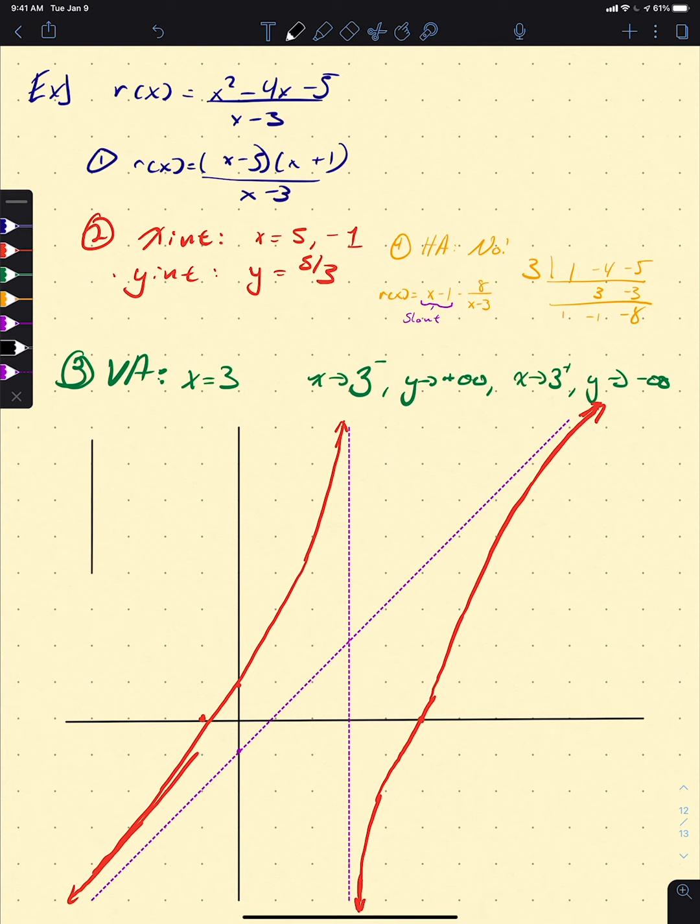Sure, right? If you were to zoom out, and let your axes get really, really far apart, what you would see is your vertical asymptote here. You'd see your horizontal asymptote, say here. And if you zoomed out far enough to get this level of detail, you'd see that our graph does this.